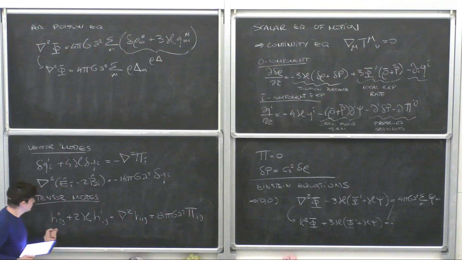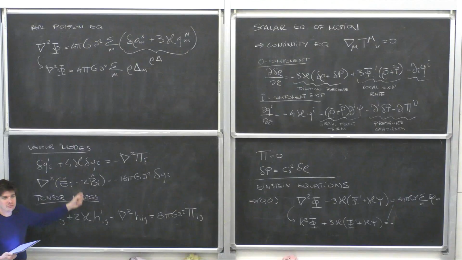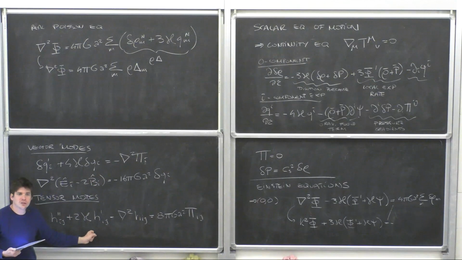So above the horizon, I'm only left with these two terms equal to 0. A solution of this equation is h constant. So tensor modes, differently from vector modes that always decay, are constant above the horizon.